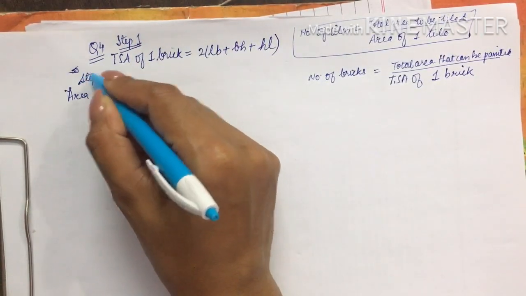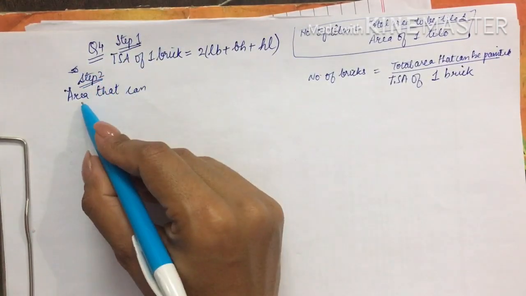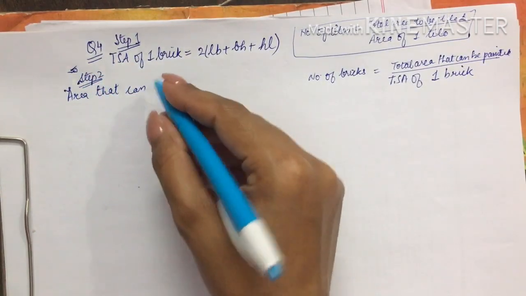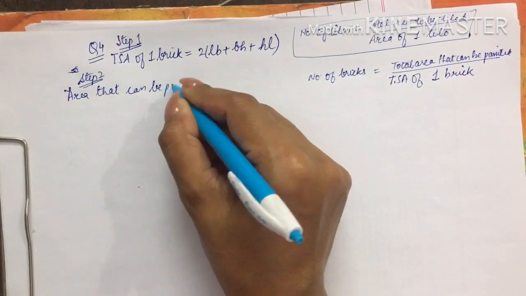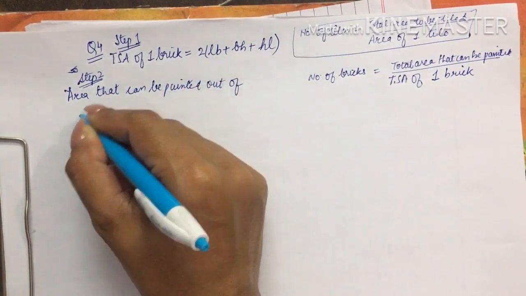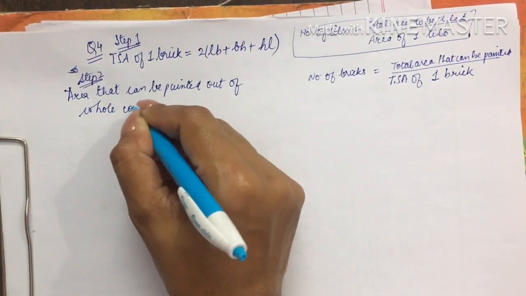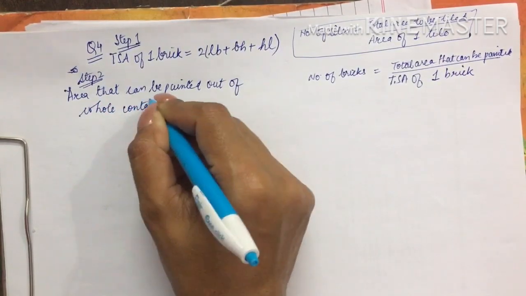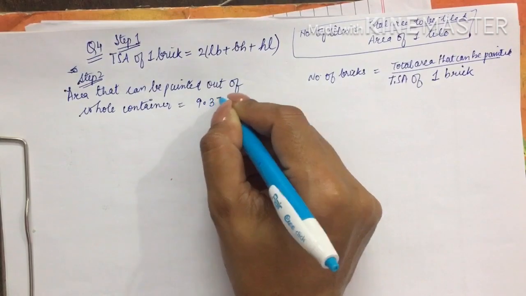Then step number 2, what is given? We've been given the area that can be painted out of the whole container. If we use the complete container, how much area can be painted? So this is given.